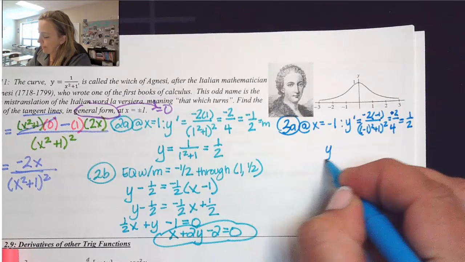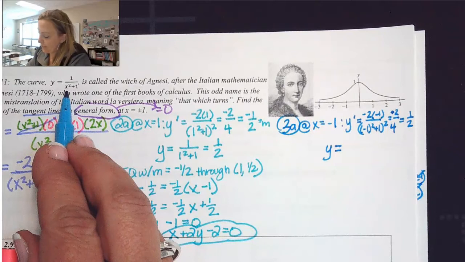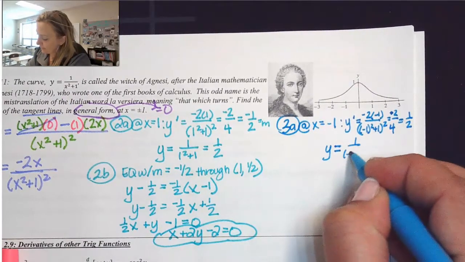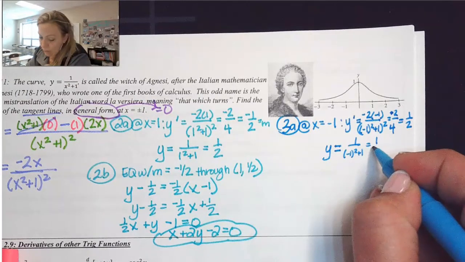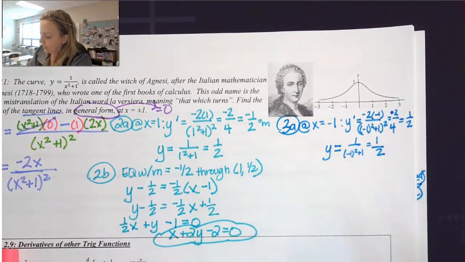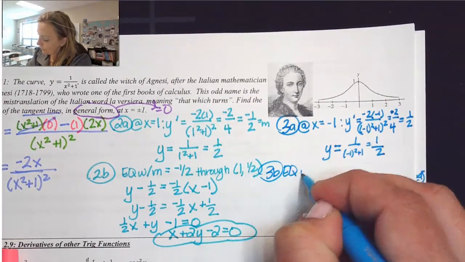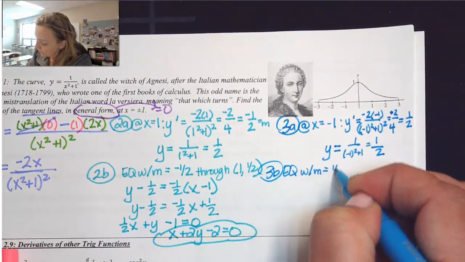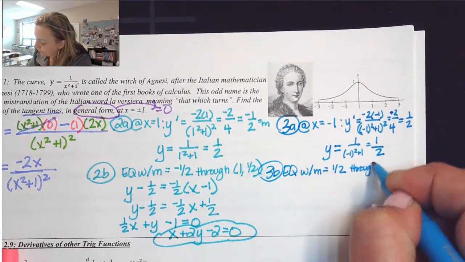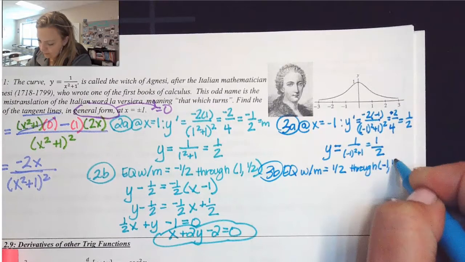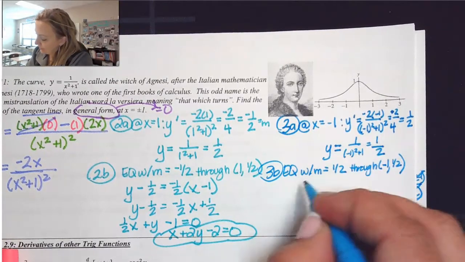And for the actual y value at that point, I'll put, again, negative 1 in for x. So that's going to be 1/2. So for 3b, I'm going to want an equation with a slope of positive 1/2 that goes through (-1, 1/2). So I can use the same process.